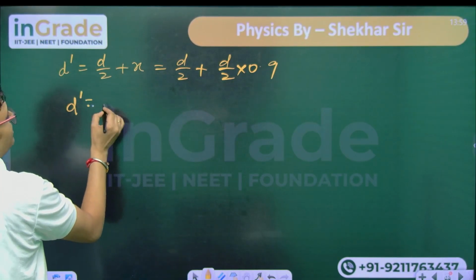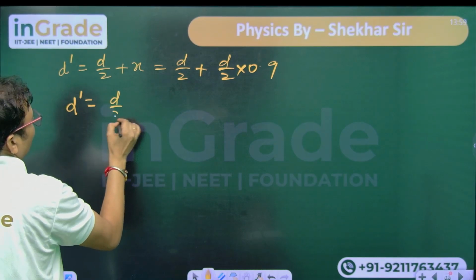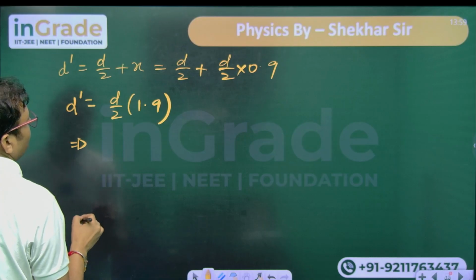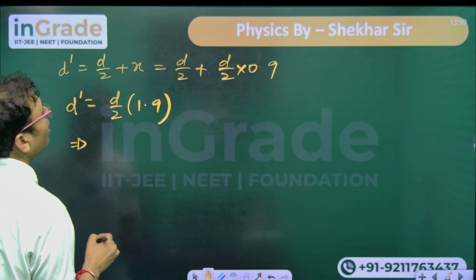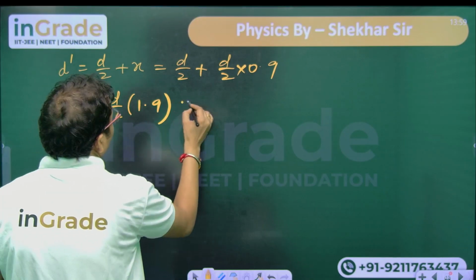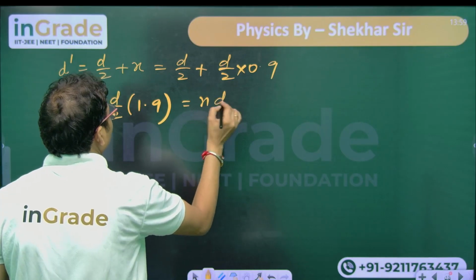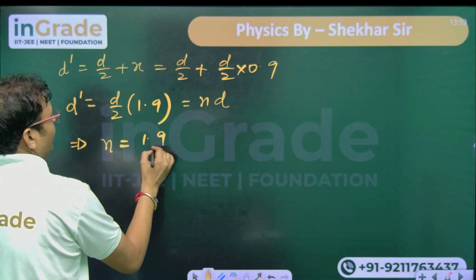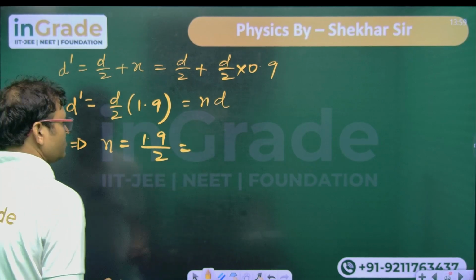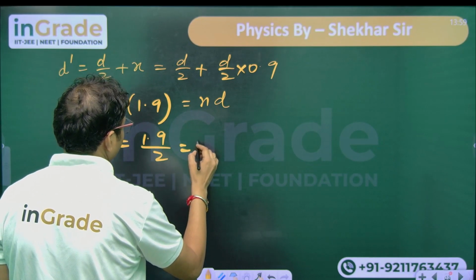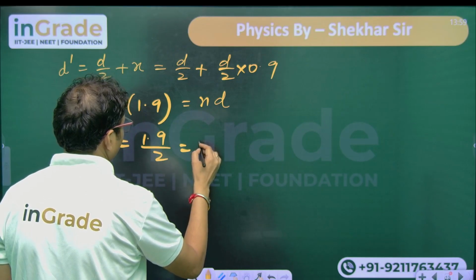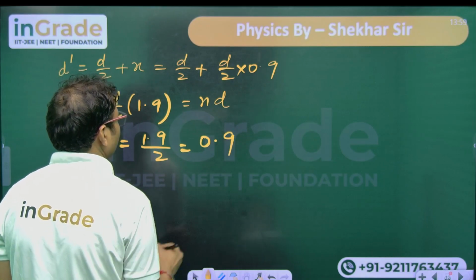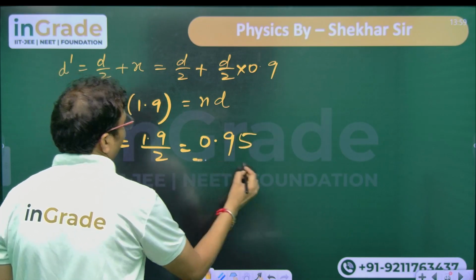So d dash is equal to d by 2, if we take common, that will be 1.9, that is equal to n d. So n will be equal to 1.9 divided by 2, that is 0.95. The value of n will be 0.95.